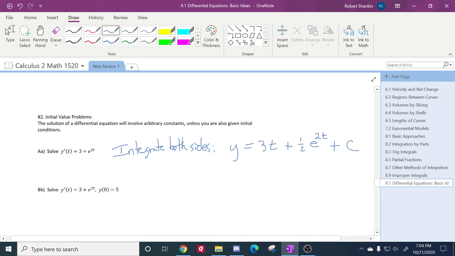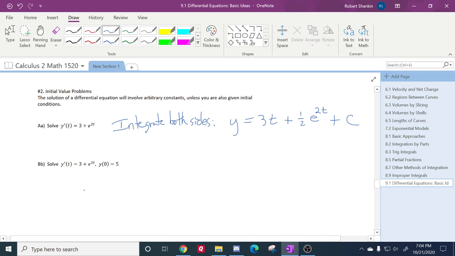Alright, now, if you had this one, it's the same problem, but you also have what's called an initial condition. Then we would get the same solution, but now we substitute, that's the t, and that's the y.